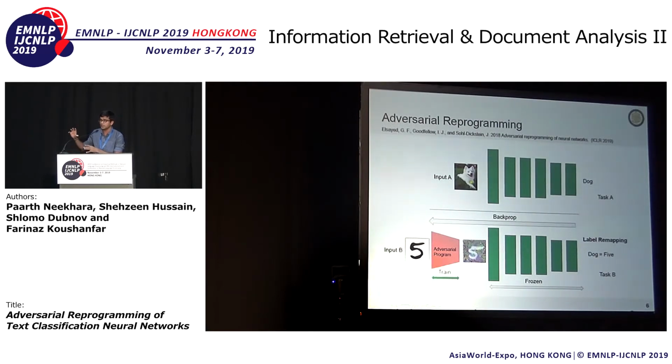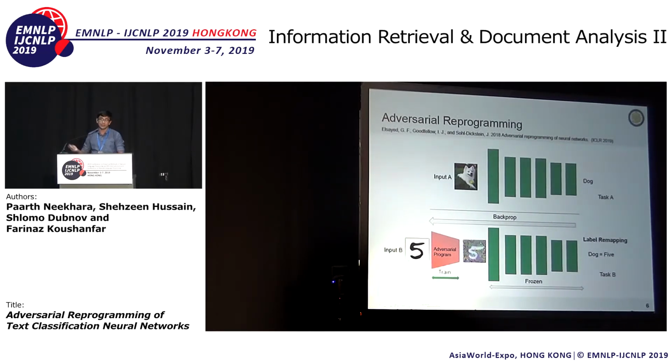Given this label remapping, can we learn an input transformation, universal across all our inputs, so that we achieve this adversarial task? We would like to modify all images that look like 5 into an image that gets classified as a dog, so that we interpret it as 5 eventually.